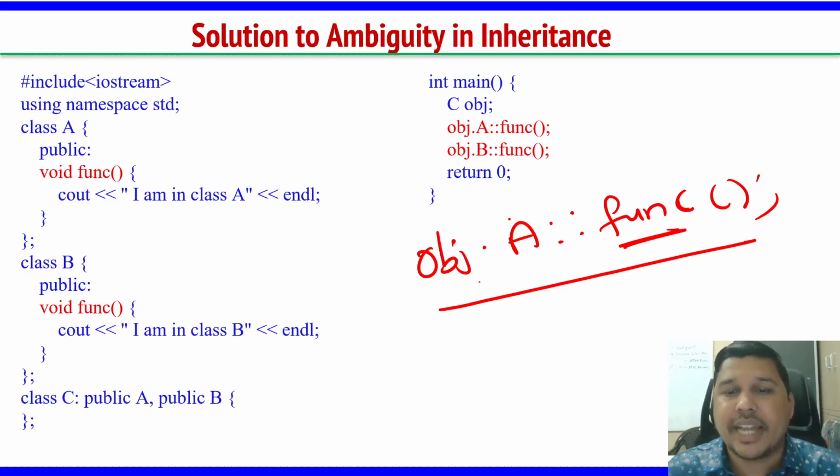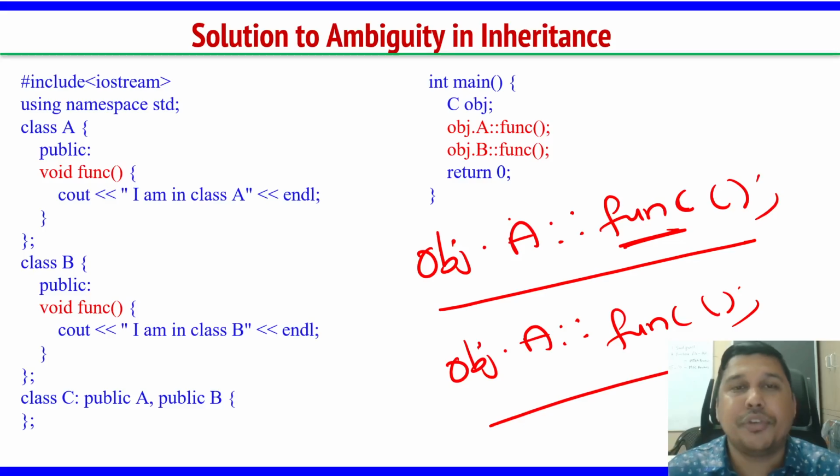The syntax is object dot A, scope resolution operator and the function name. This way, it will execute class A's function. If you give the second statement, it will execute class B's function. This way we can overcome the ambiguity.